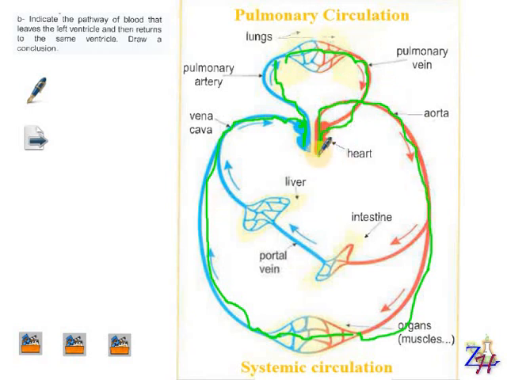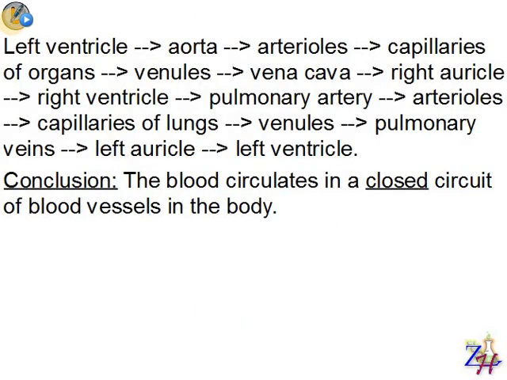So if I want to answer the question, I can say that the pathway is left ventricle, aorta, arterioles, capillaries of organs, venules, vena cava, right auricle, right ventricle, pulmonary artery, arterioles, capillaries of lungs, venules, pulmonary vein, left auricle, and left ventricle. Notice we started with the left ventricle, we ended with the left ventricle. So we conclude that the blood circulates in a closed circuit of blood vessels in the body.